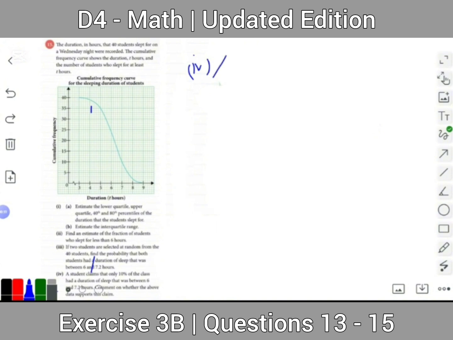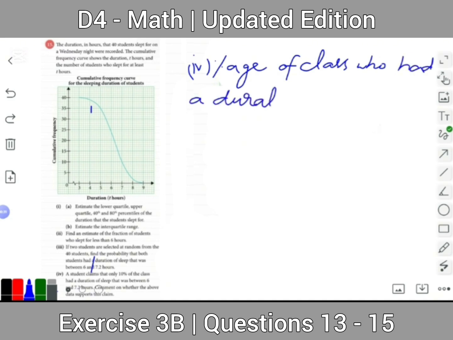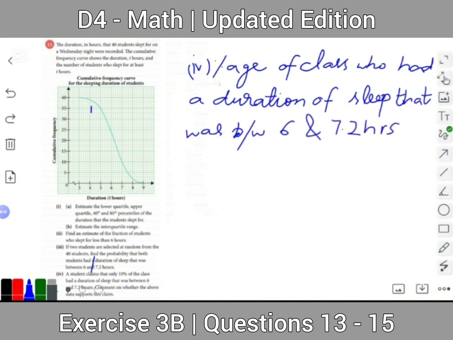So in part 4, the percentage of the class who had a duration of sleep that was between 6 and 7.2 hours is equal to 2 over 13 multiplied by 100%, and it will give us the value 15.4%.